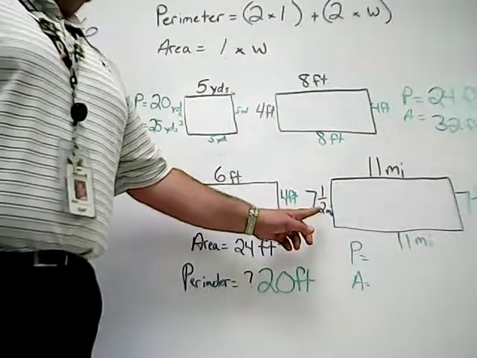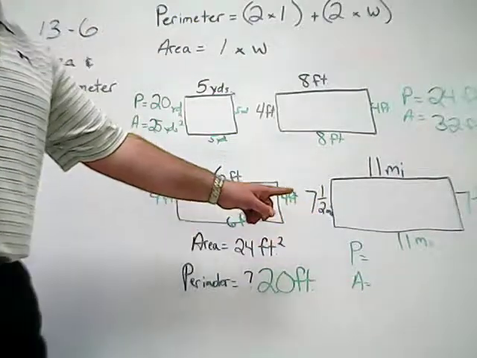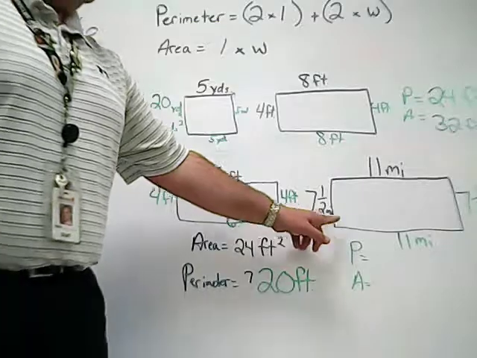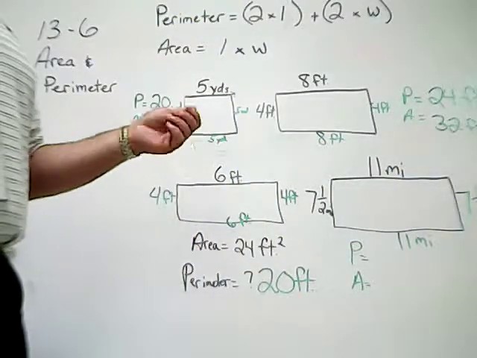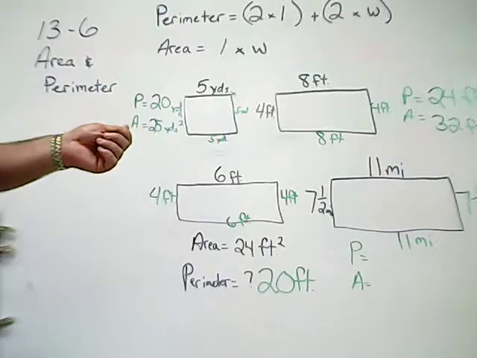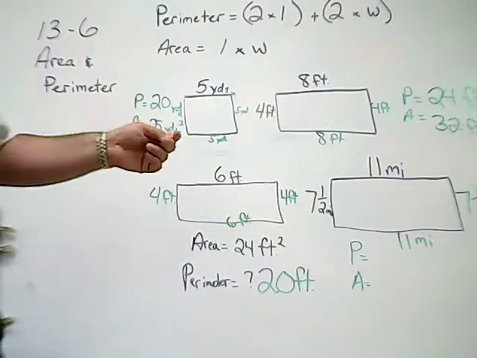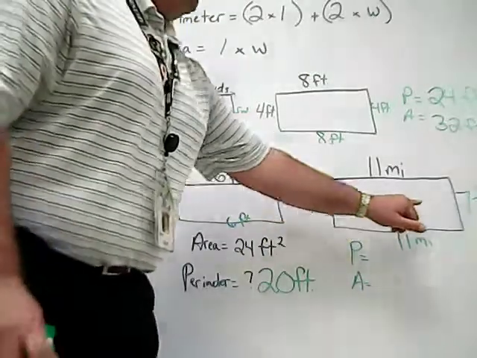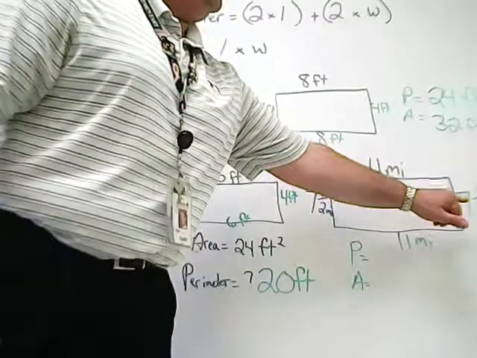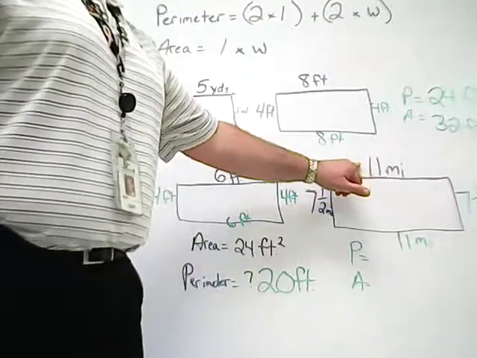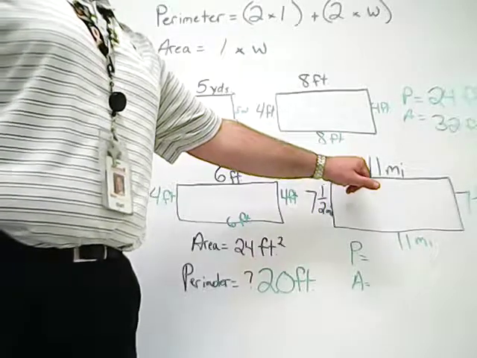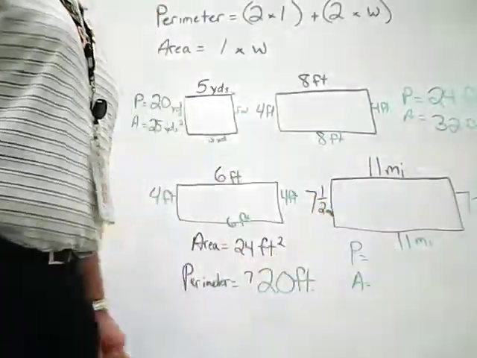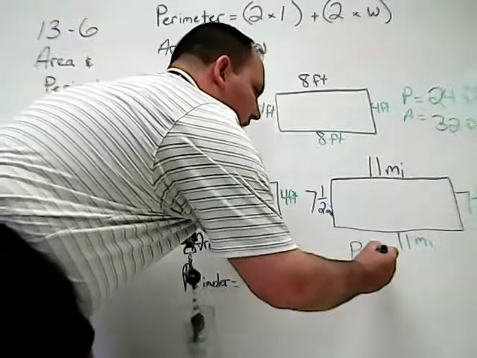I'm going to add my fractional pieces first. 7.5 plus 7.5 equals the whole number of 15. 15 miles. So I've added 7.5 plus 7.5 to get 15. 15 plus 11 is 26. 26 plus 11 is 37 miles is my perimeter.